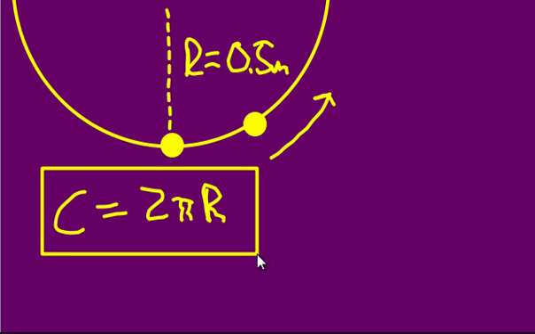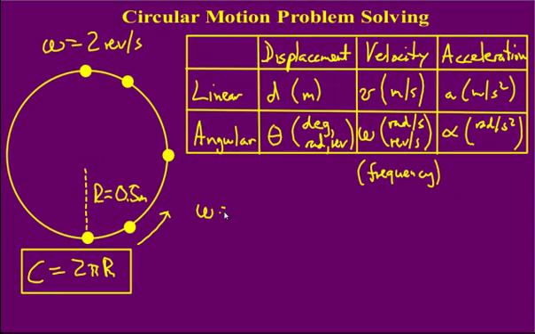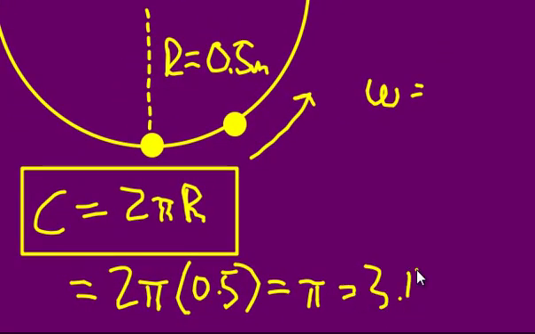Watch how I do that for this particular quantity here, how quickly I'm twirling this stopper around in a circle. I said at the top here 2 revolutions per second. Now, if we do the math down here, in this particular case, it's going to be 2 times pi times 0.5, which comes out to pi. In other words, the circumference of this circle is 3.14 meters.